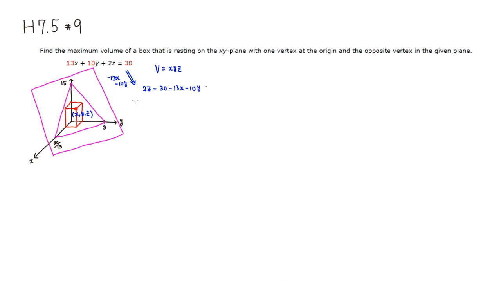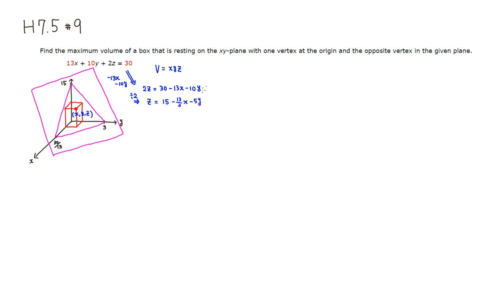Then I'm going to divide through by 2 to get z is equal to 15 minus 13 over 2 x minus 5y.